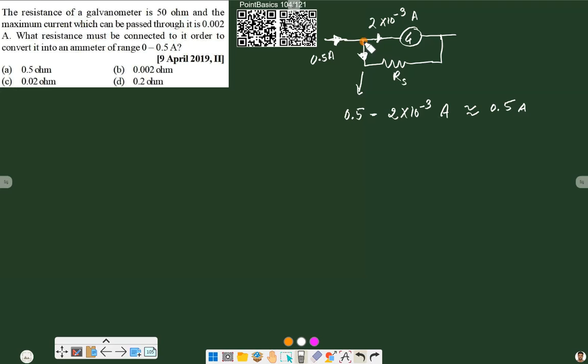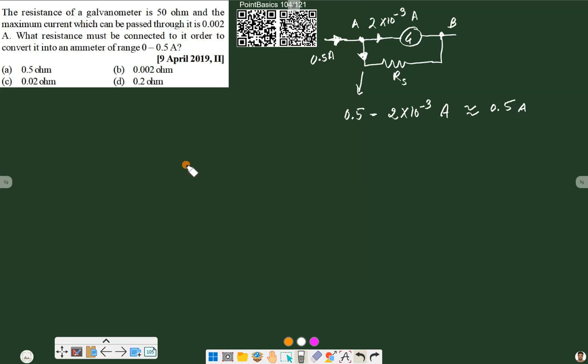You can take the exact value. Now if we take two points here, point A and point B, we have two resistances: one resistance from the galvanometer and one resistance from the shunt resistance. Both are connected in parallel. So the potential across those two resistances should be equal, or we can say the potential V across points A and B should be equal whether we write it with the help of the galvanometer or with the help of the shunt resistance.